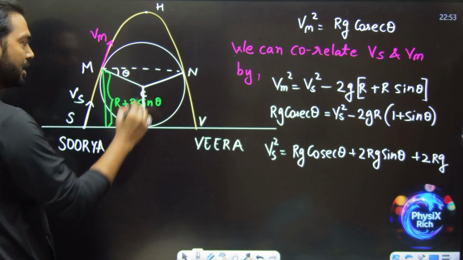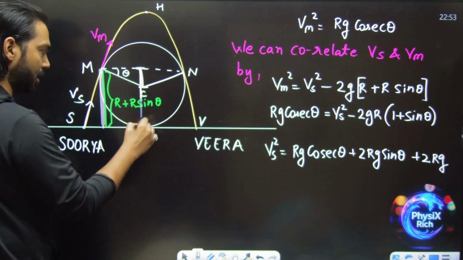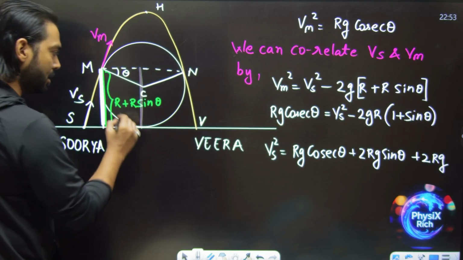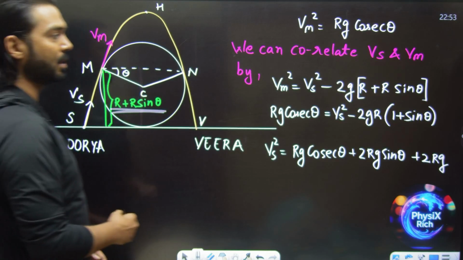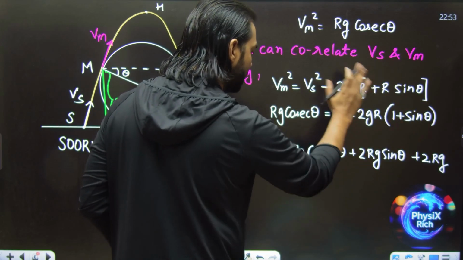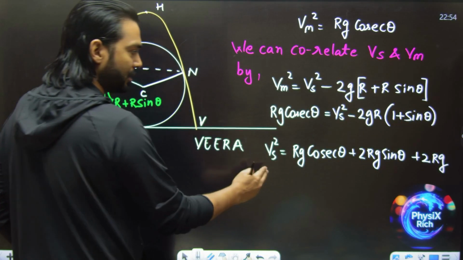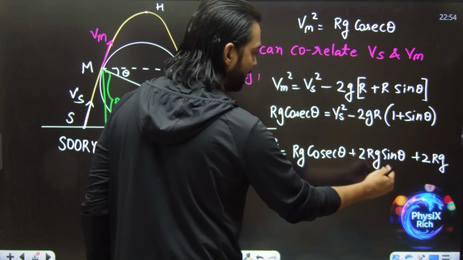So my total distance is r plus r sine theta, which is why I've put r plus r sine theta over here. And when you solve this, you get Vs square equals Rg cosec theta plus 2Rg sine theta plus 2Rg.